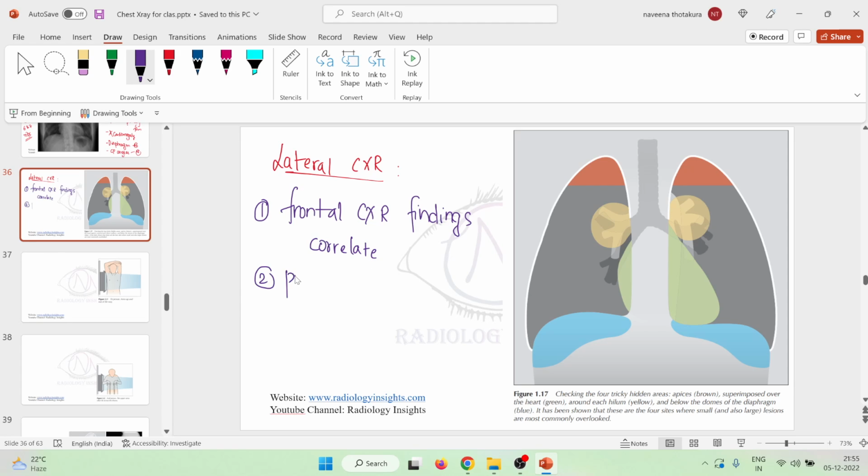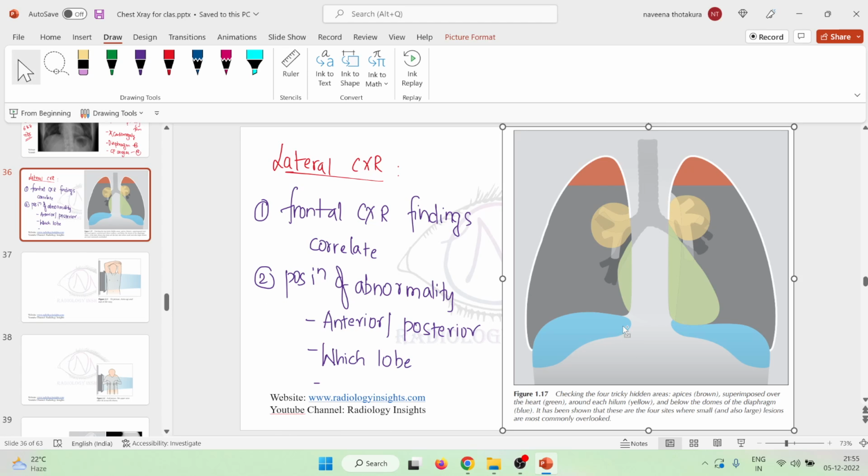Second, to know the position of abnormality, for example, whether the abnormality is anterior or posterior, because we cannot say that based on the normal chest X-ray. Then, to find the exact lobe, we have to do a lateral chest X-ray. So these are the main reasons why we need a lateral chest X-ray.